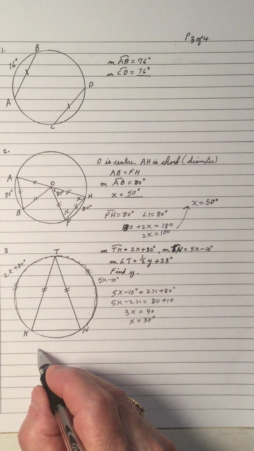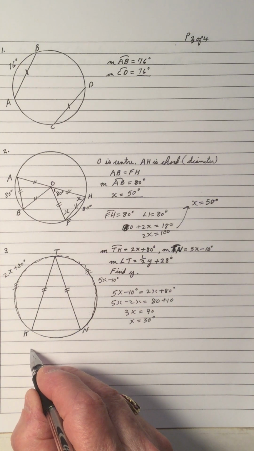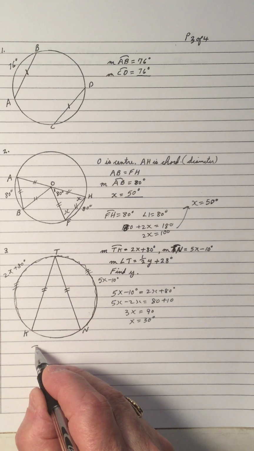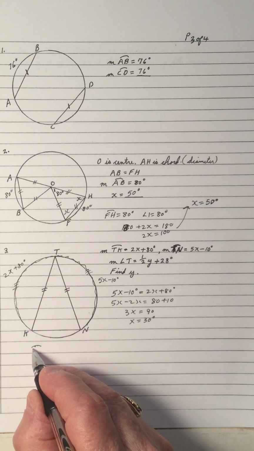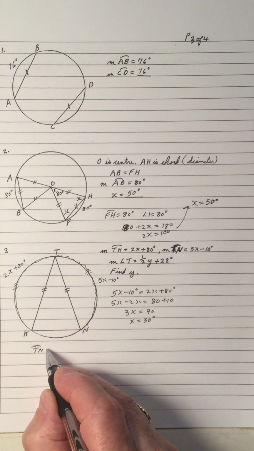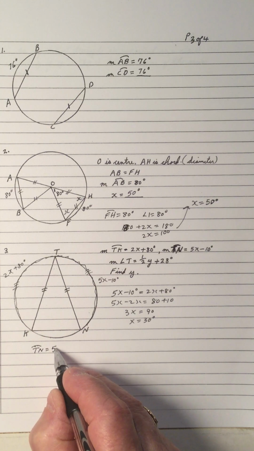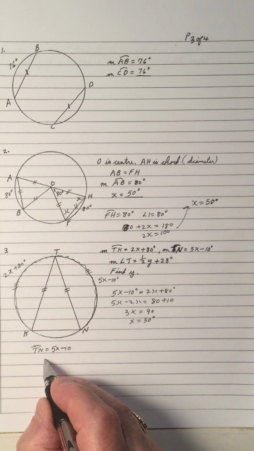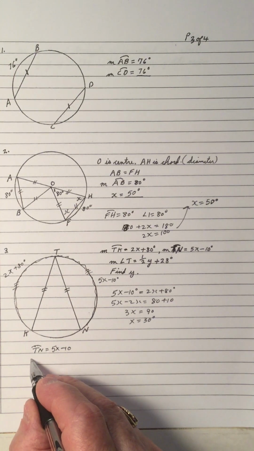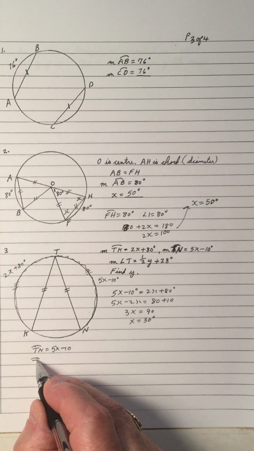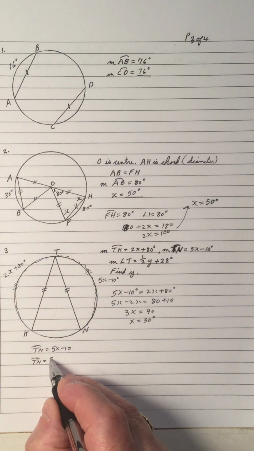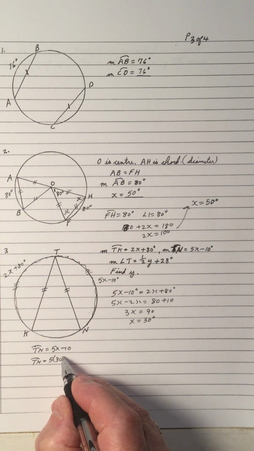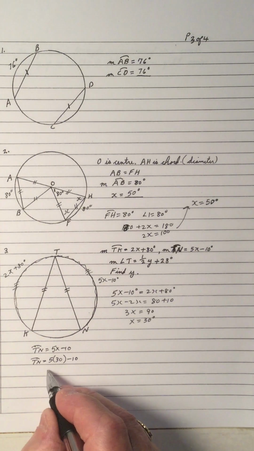So here we go. The arc TN is equal to 5x minus 10. So the arc TN is 5 times 30 minus 10.